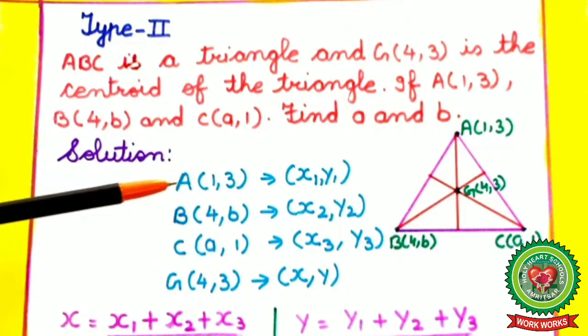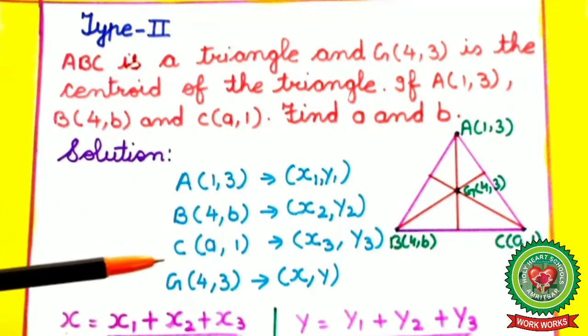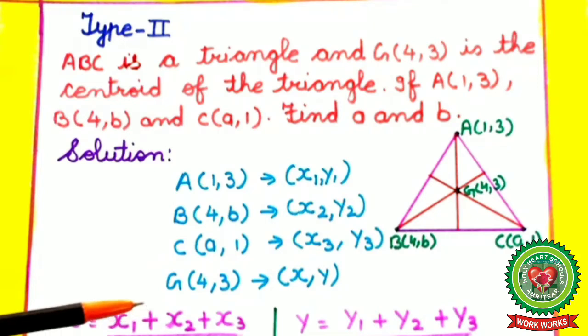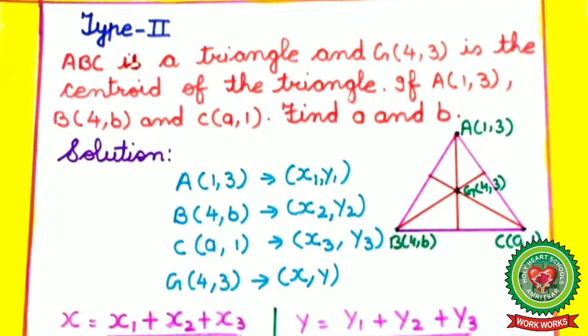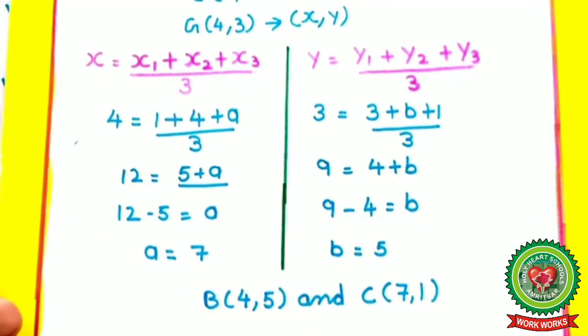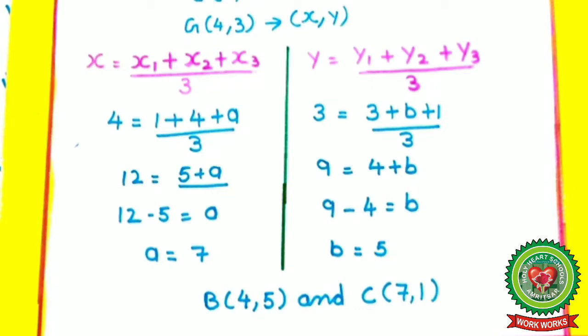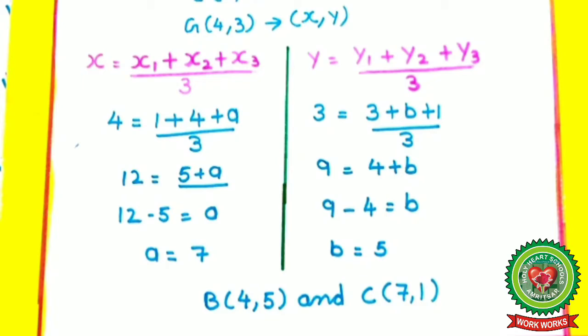Again the coordinates of A are x1, y1, of B x2, y2, of C x3, y3, and the centroid is denoted by x and y. Now the formula is x equals (x1 + x2 + x3) upon 3 and y equals (y1 + y2 + y3) upon 3. After filling in the value, the value of x is 4.